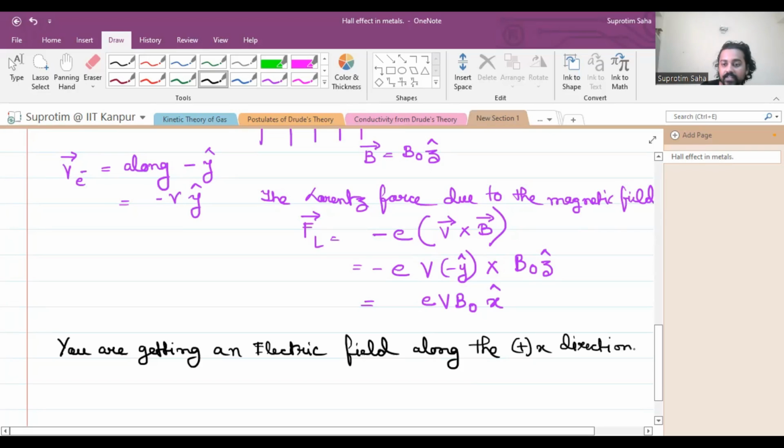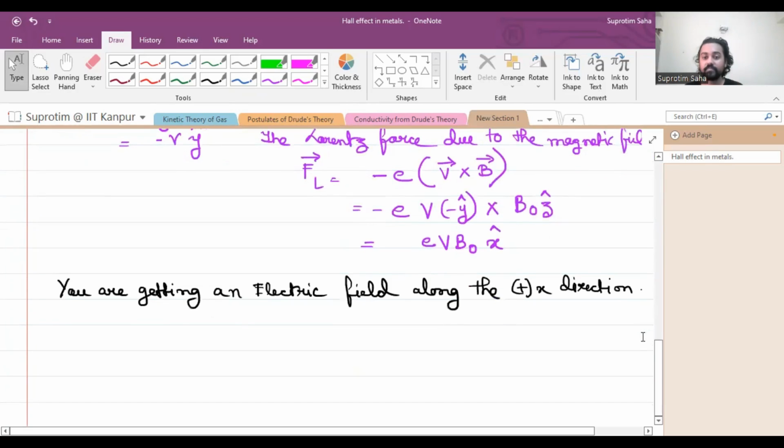So you send in current, or electric field, along the longitudinal direction. In the presence of the magnetic field, you get a transverse voltage in the transverse direction.